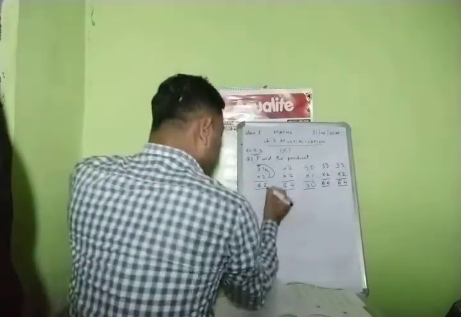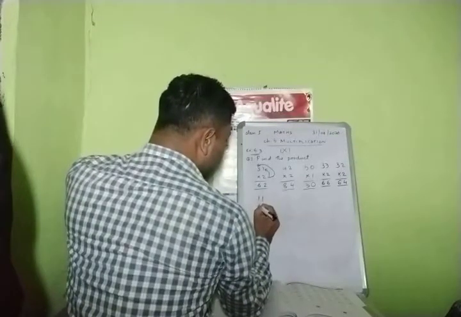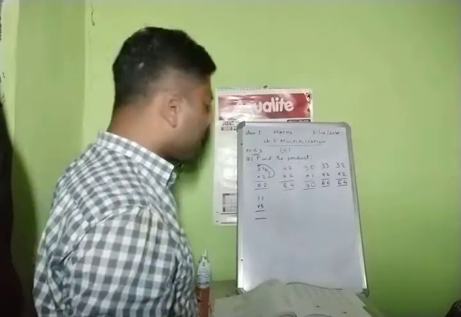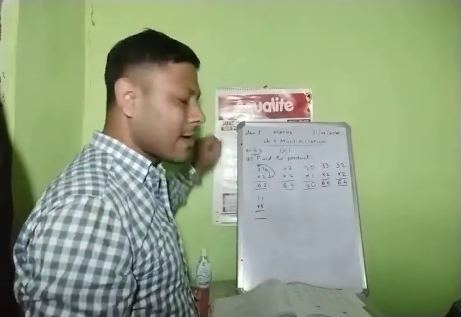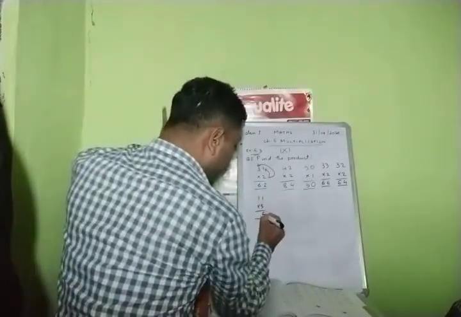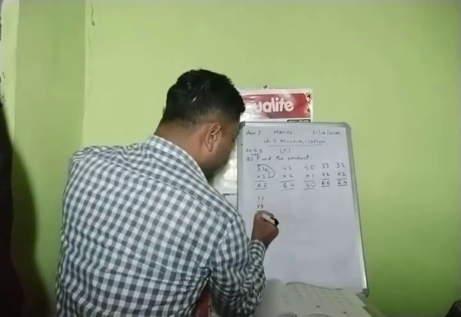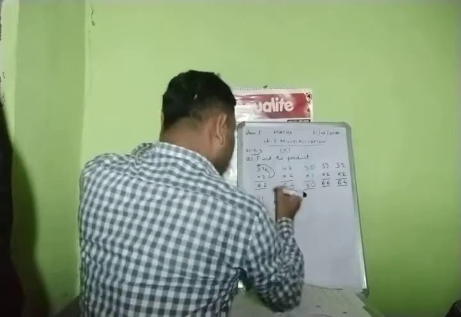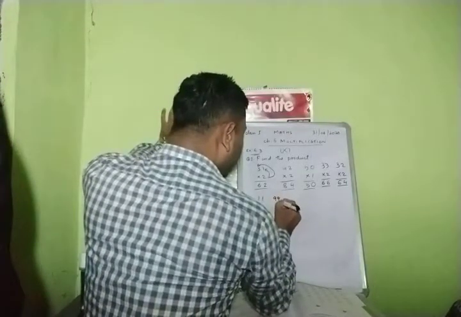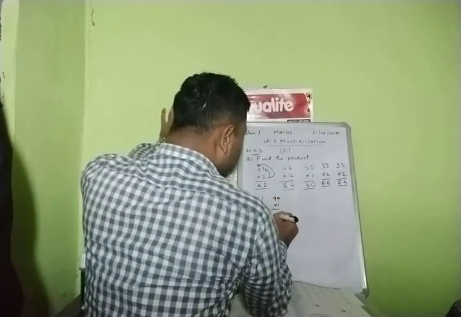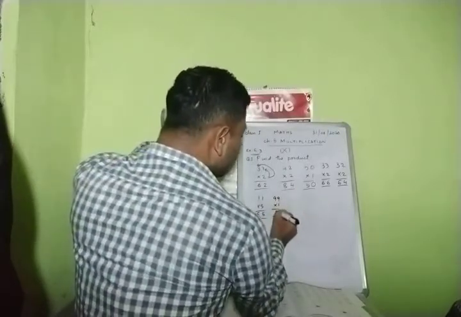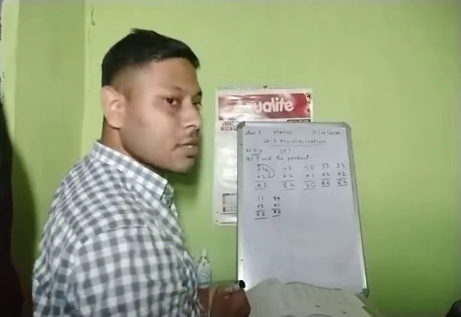Let us do it. Next question, 11 into 5. Now first number 5 and 1. 5 ones are 5. Again another one, 5 ones are 5. Next question, 99 into 1. 1 9 is 9.